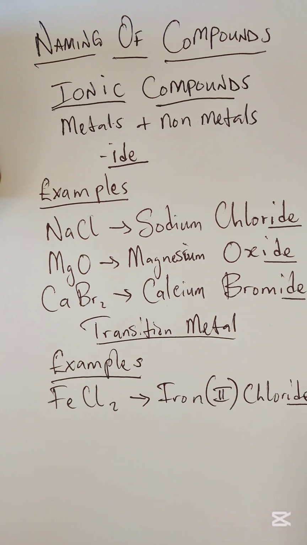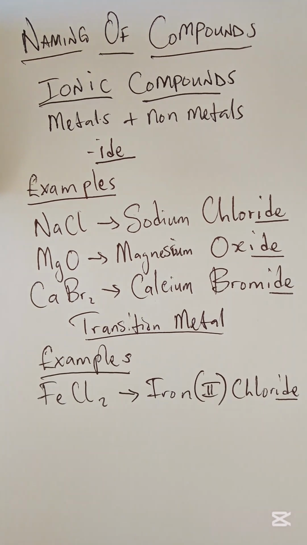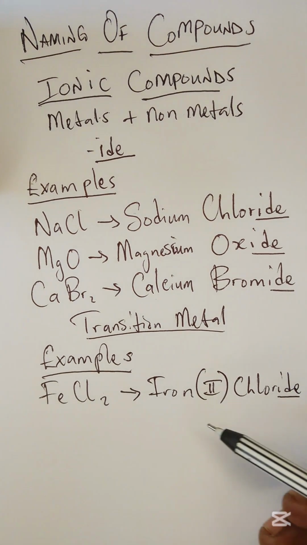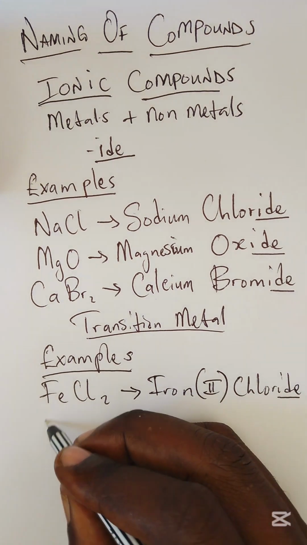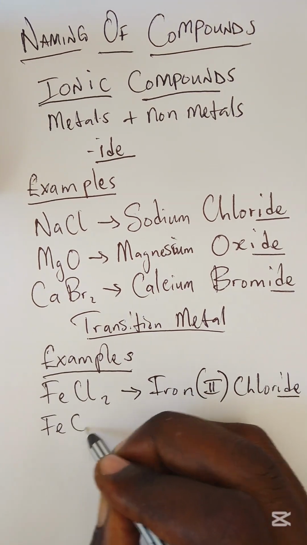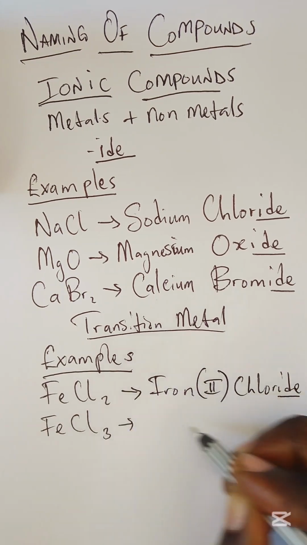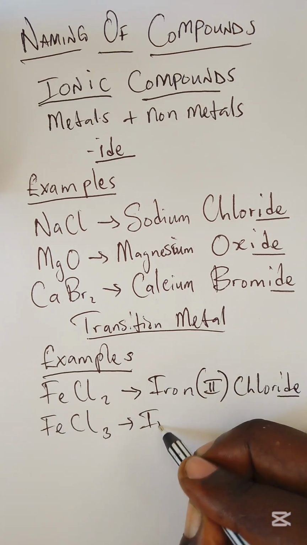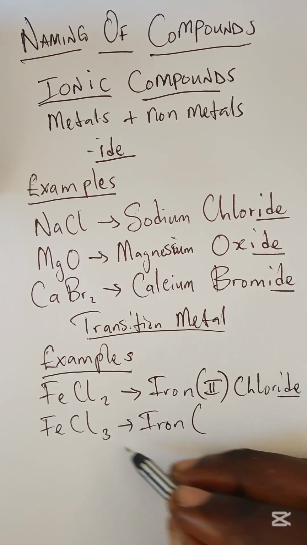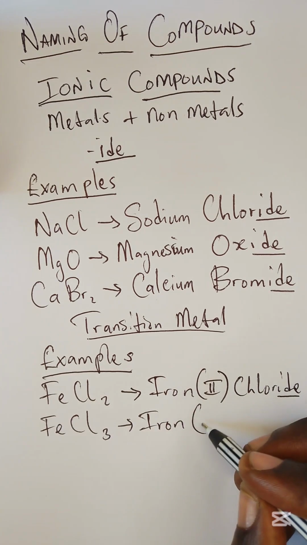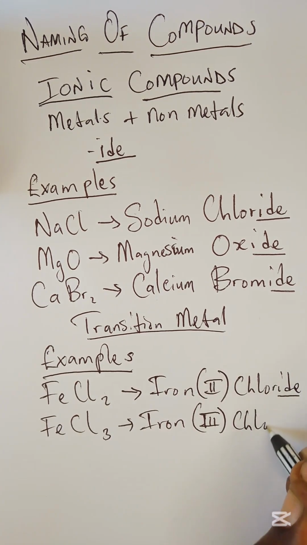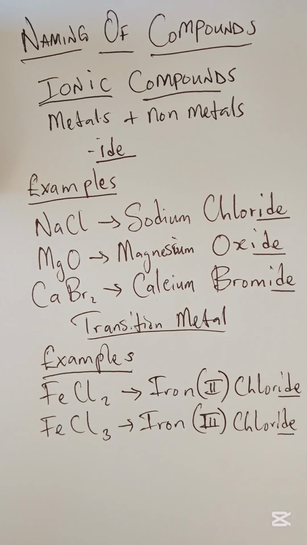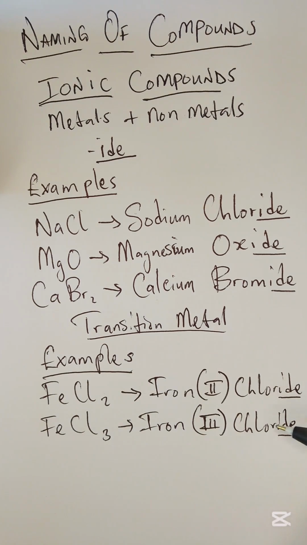Remember, we add IDE at the end. So this is iron 2 chloride. The other example: this one is iron. The charge that is coming from iron is 3, so in Roman numerals 3, and then chloride. So iron 3 chloride.